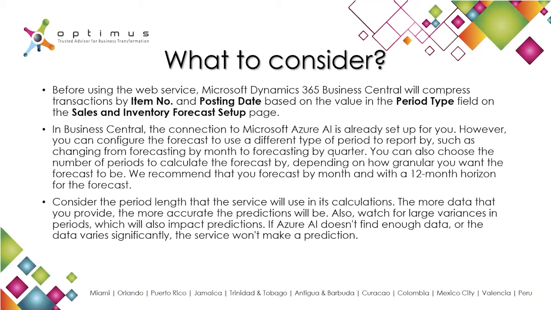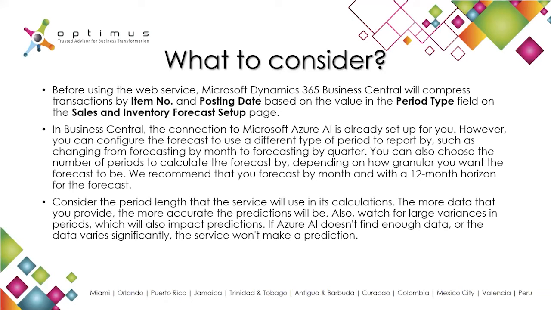And here in Latin America, of course, we might only have a different type of inventory in winter, but that would be maybe one of the only changes we might need. Okay, so now consider the period length that the service will use in its calculations. The more data you provide, the more accurate the predictions will be. So that's basically the idea.